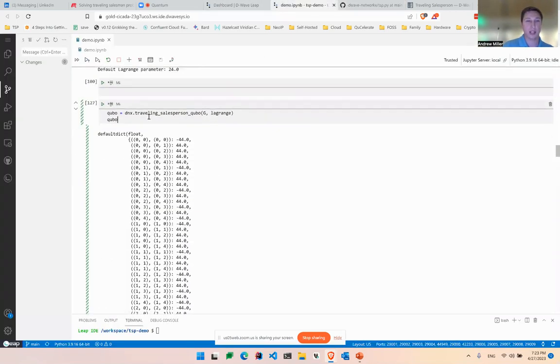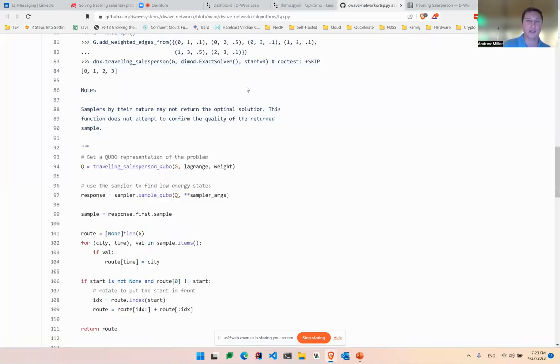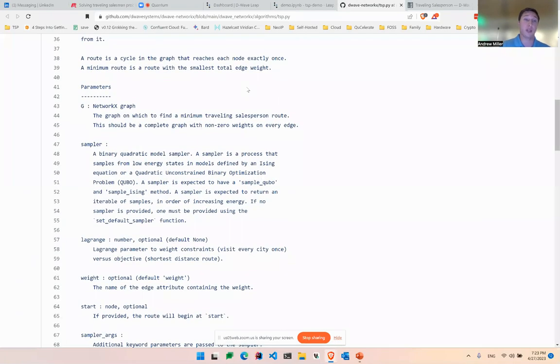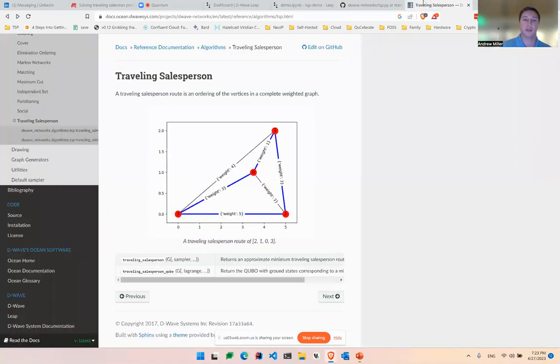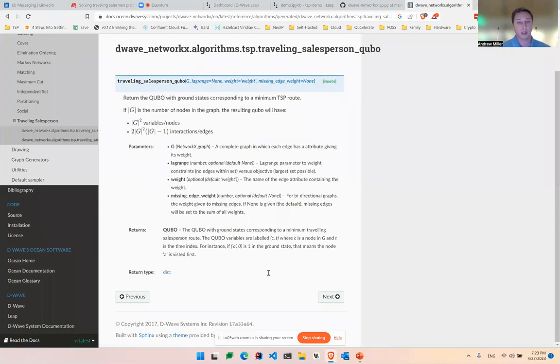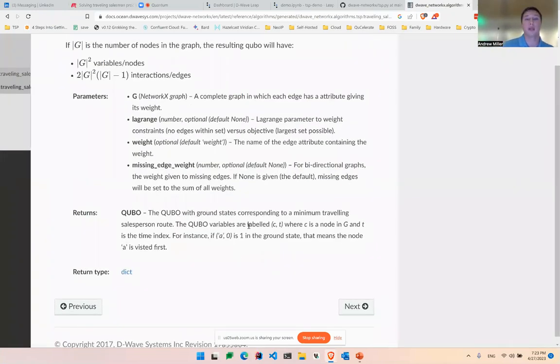So here, that's exactly what I'm going to do, is first get the Cuba. And the way this reads, when you read that documentation, I think it's actually not up to date, this documentation that they have on their developer portal. Because when you look at it, you will see that the output should be these pairs of C and T, where C is a node and T is a time index.